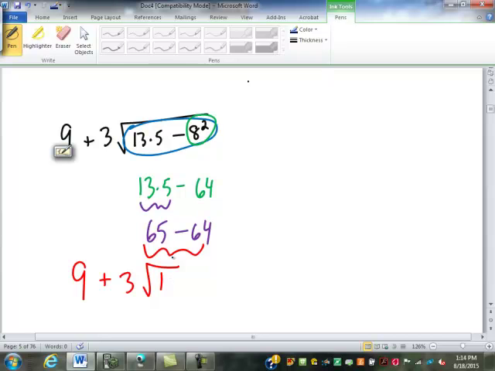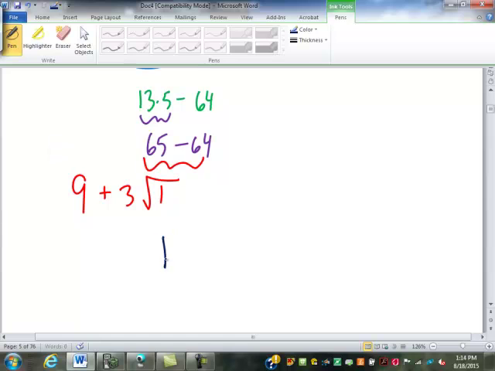What is the square root of 1? 1. So we take away the square root by finding the square root of 1, and that symbol is now gone. Just like any other enclosing symbol, what do we have to do here between the 3 and the 1? It is multiply. Anytime there's a number outside an enclosing symbol with no symbol, it is multiplication. So now 3 times 1 is 3, and 9 plus 3 is 12.